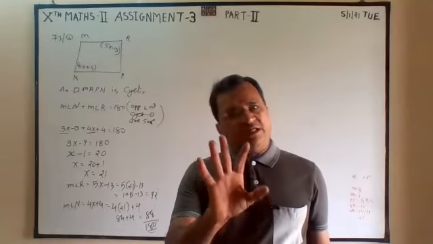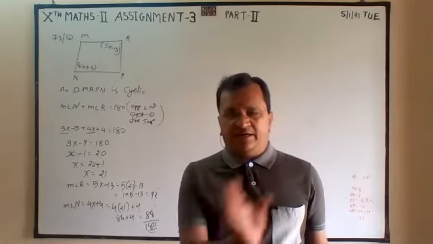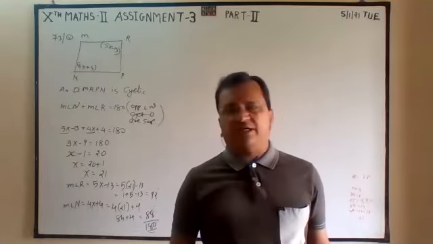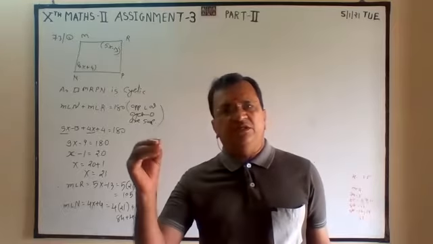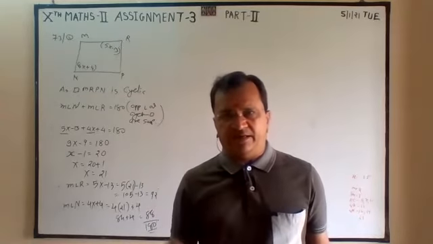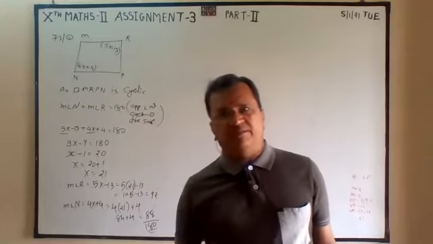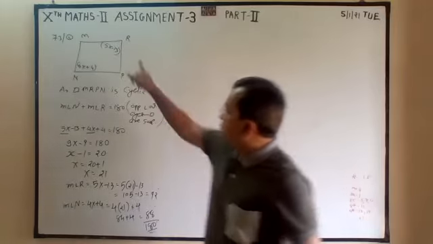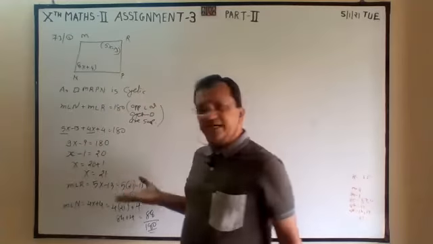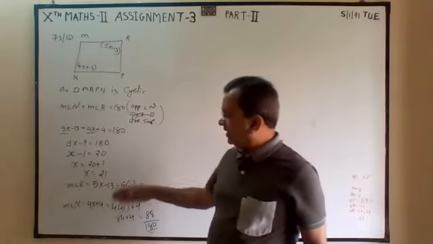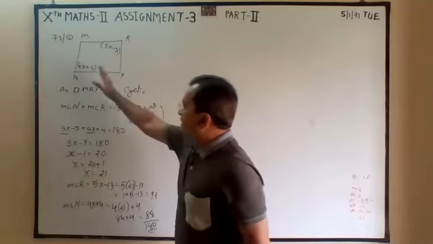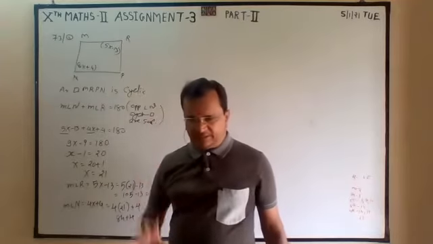The quadrilateral is given as cyclic, and in the cyclic quadrilateral theorem we have seen that the sum of opposite angles is 180, meaning it is supplementary. So this plus this is 180, you will get the equation, solve it, you will get x, substitute x, you will get the answer.